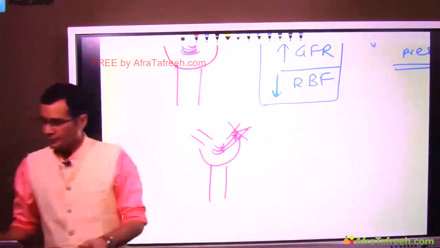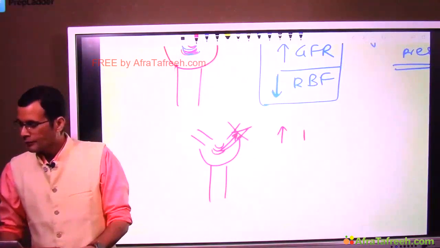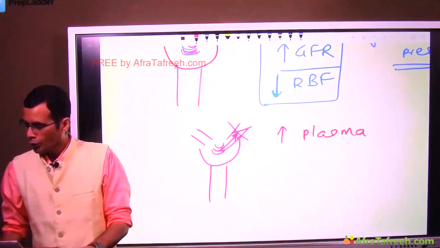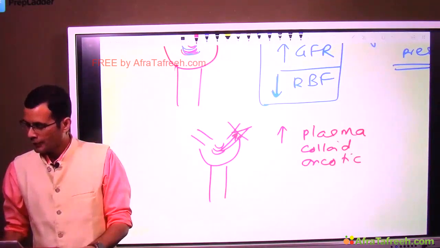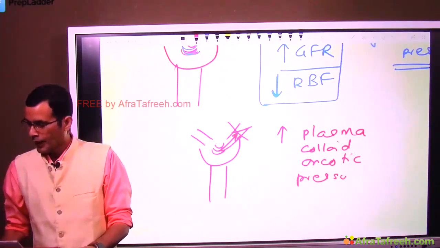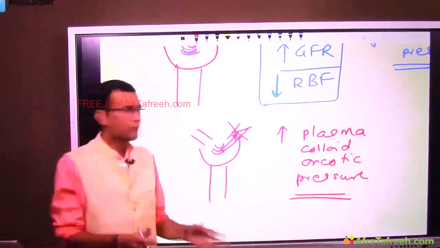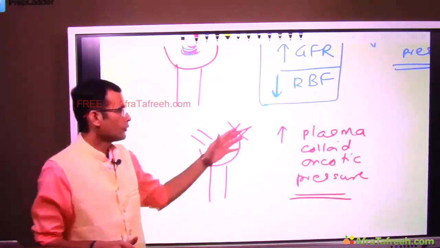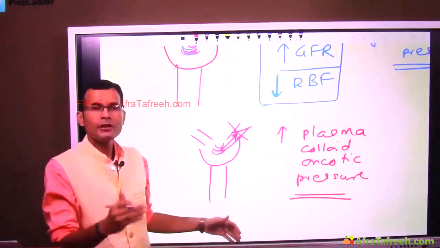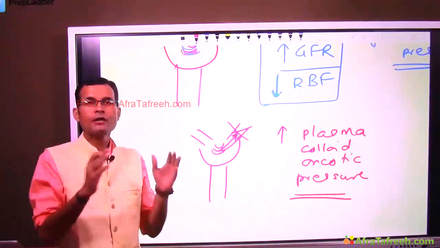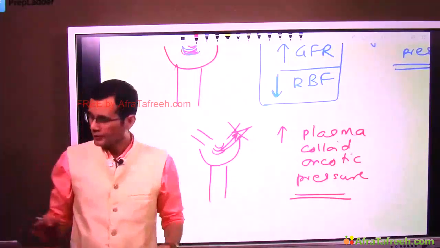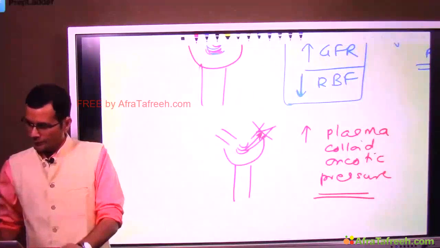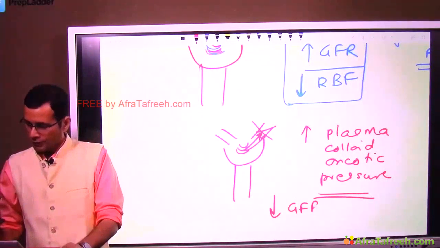What will be the result? There will be increased plasma colloid oncotic pressure in the glomerular capillaries. And remember, here is a force that opposes filtration. So that force increasing, that pressure increasing means GFR will eventually decrease. Remember this, there is a decreased GFR.